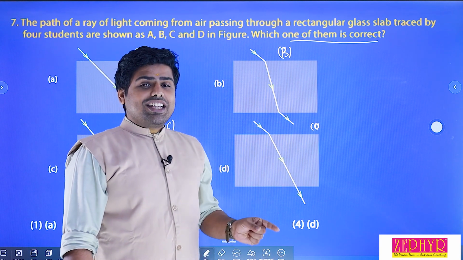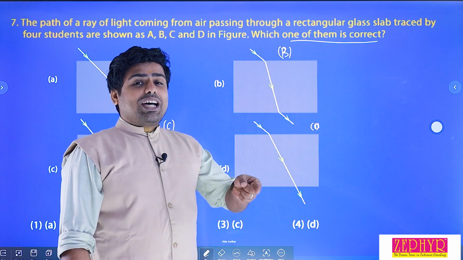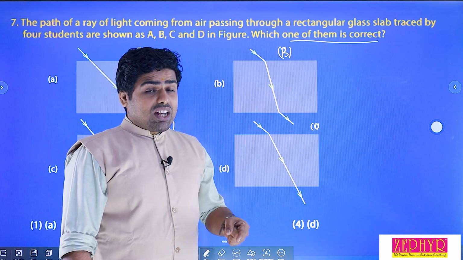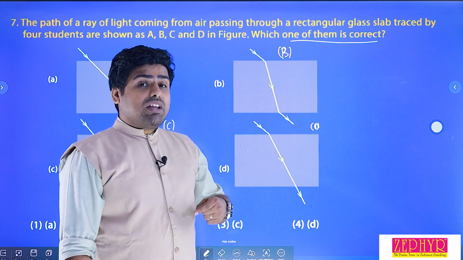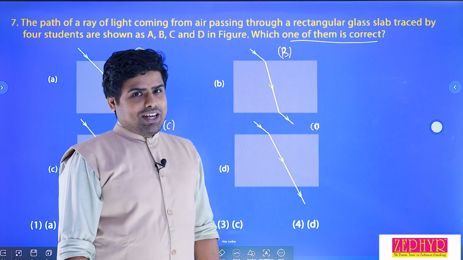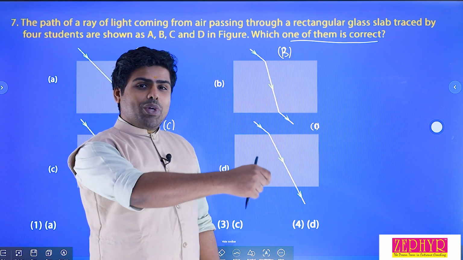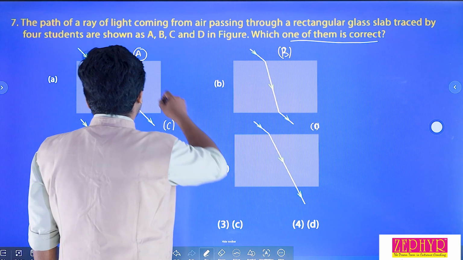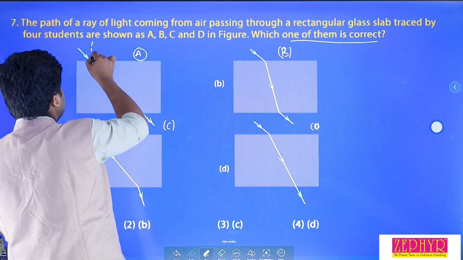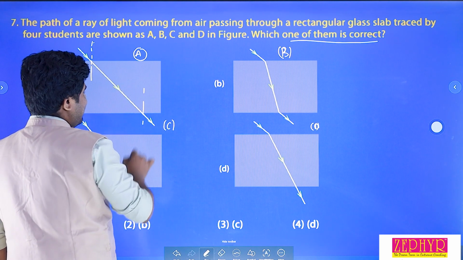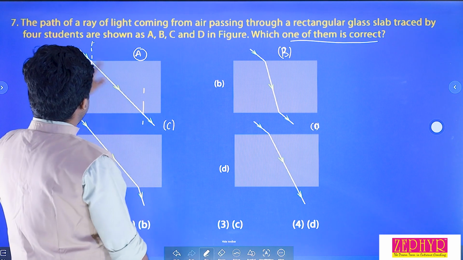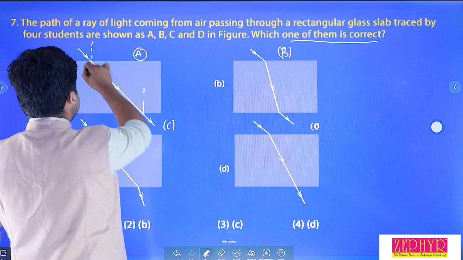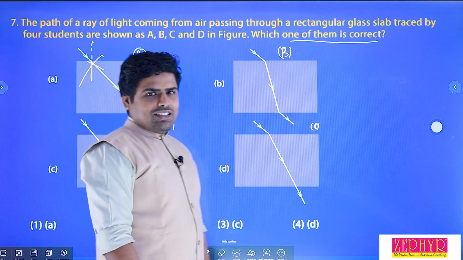I already discussed what the path of the light ray after refraction is when it is traveling from a rarer medium to a denser medium. Yes, it is moving towards the normal, right? So I place the normal here like this. Okay, so there is no angle variation in this case, therefore it is a wrong trace, right? This one is wrong.